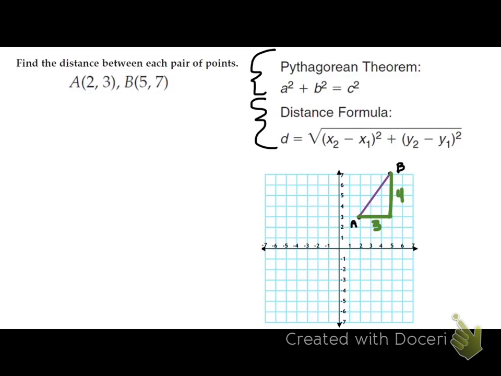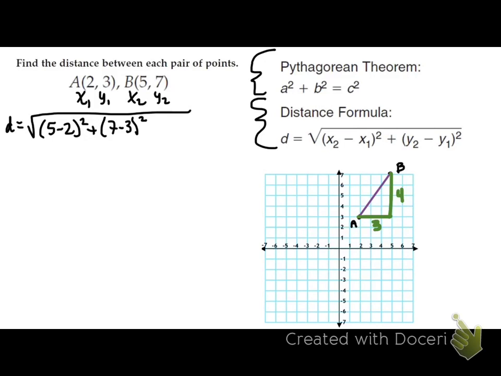For the distance formula, if we want to use it, it would be x1, y1, x2, y2. I'm going to plug this in directly for a lot of you guys. So I'm going to show you how I would do it. x2 would be 5 minus 2 squared plus y2 minus y1 squared. Take the square root again.